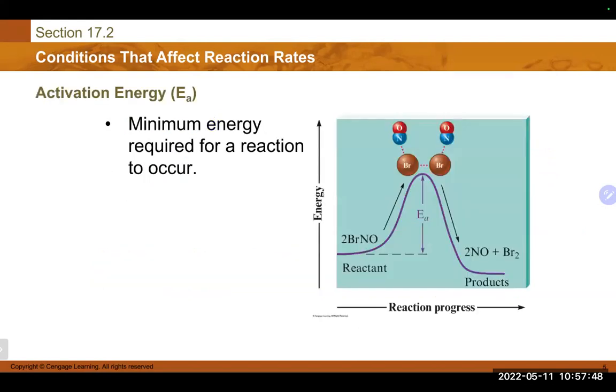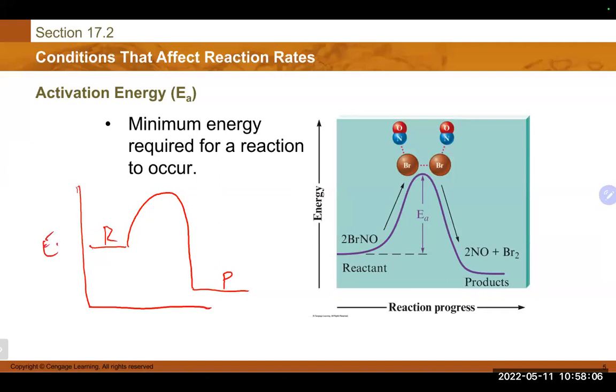So here's an energy diagram. I think we've looked at energy diagrams before, if I'm not mistaken. And remember, there are two types of energy diagrams that we talked about. We'll draw this one here, which shows our reactants and our products.